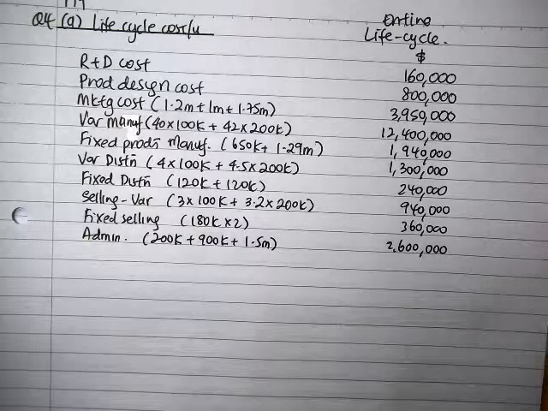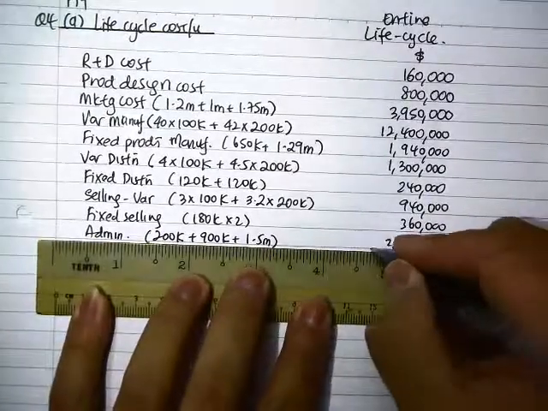Okay. So the only thing that you need is you must understand what is called life cycle cost per unit. You only need to know what is that. You know what is that, then this question becomes a standard 5 question. Now if you don't know what is that, then this question can be a university PhD level question. You really don't know what to do. Once you know what is called a life cycle cost, you just add up all the costs.